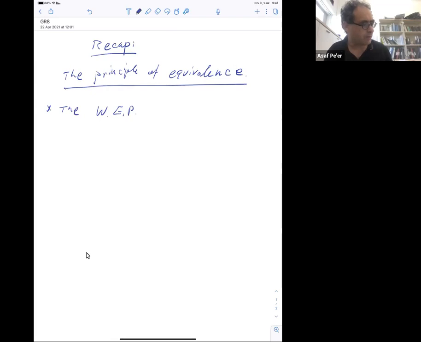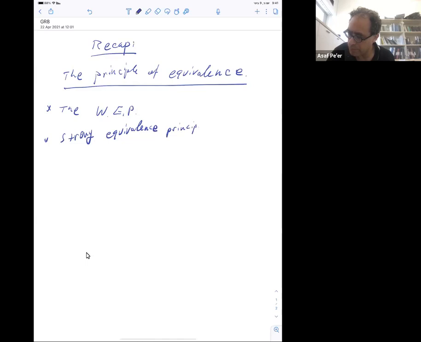That's the Eötvös experiment, and then the strong equivalence principle, which states that at every point in an arbitrary gravitational field, it is always possible to choose a locally inertial coordinate system such that the laws of nature take the same form as in the unaccelerated Cartesian coordinate system. Of course, only locally, in a sufficiently small region of space. The strong equivalence principle, which is again a direct consequence of Eötvös's experiment.